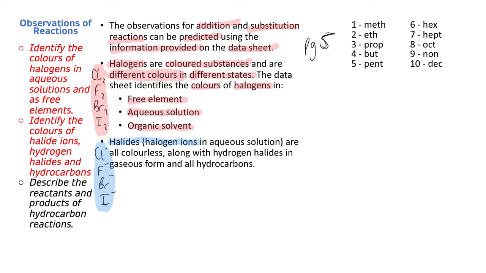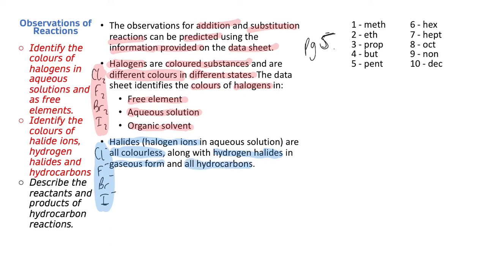Halide ions, or halogen ions, are all colorless. So Cl2 has a color, Cl minus has no color. All of the hydrogen halides in gaseous form are colorless, and all hydrocarbons are colorless.